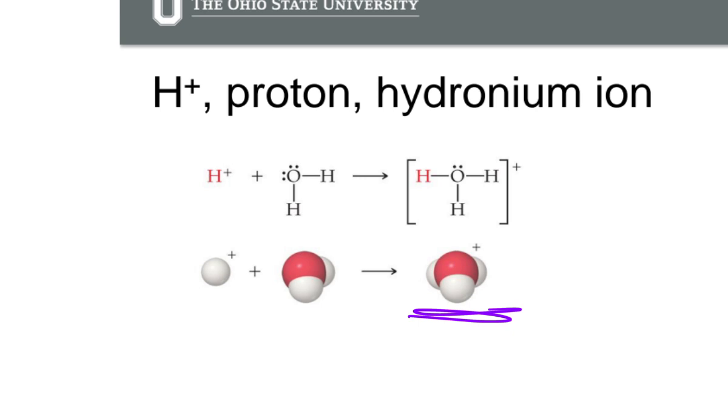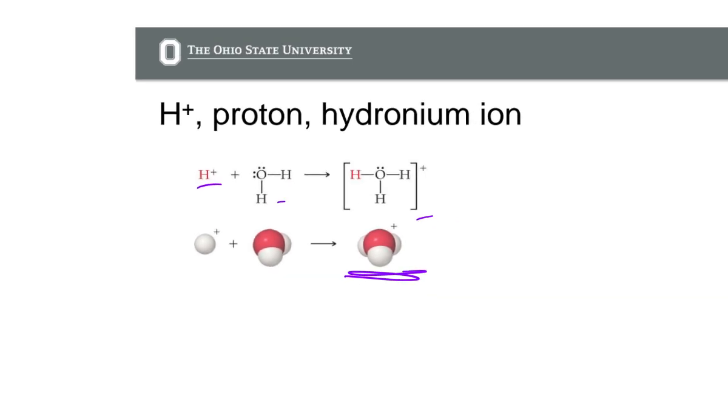So if we take a proton, H+, and react it with water, we're going to get hydronium. Right? And in solution, if we have an acid in solution, the more correct structure that we would expect to find for the acid portion is the hydronium ion. It wouldn't just be H+ swimming around in solution. Okay.